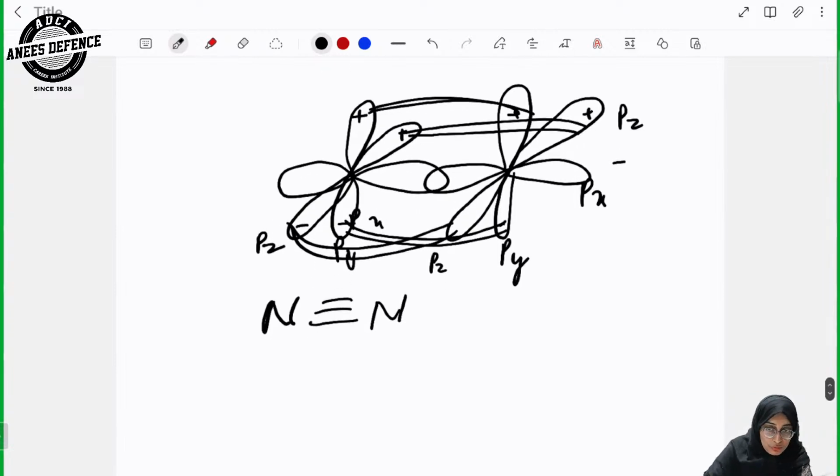So we are now able to find out the number of sigma and pi bonds if the molecule is given.